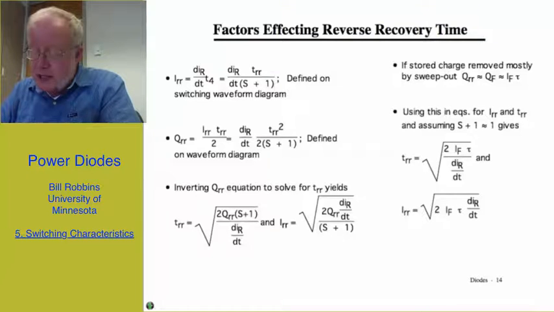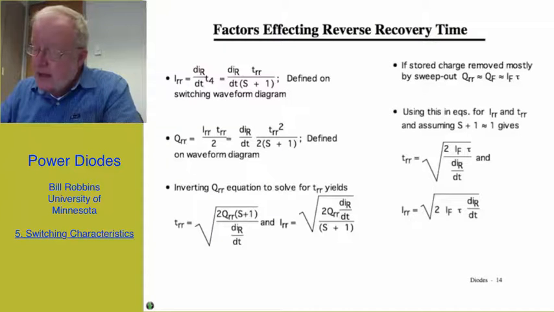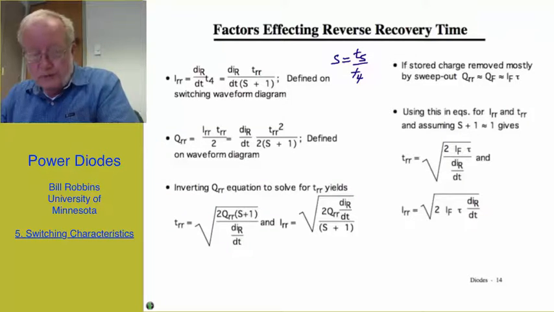From that picture, it's easy to see that I sub RR is dI_R/dt times the time T4. That's usually rewritten in terms of T sub RR over S plus 1, where S is the so-called snappiness factor, and again, S is equal to T5 over T4.